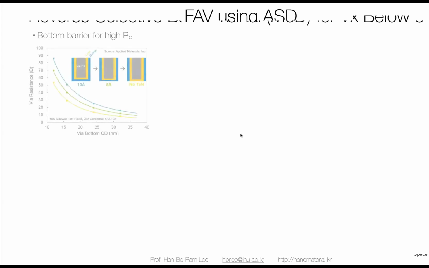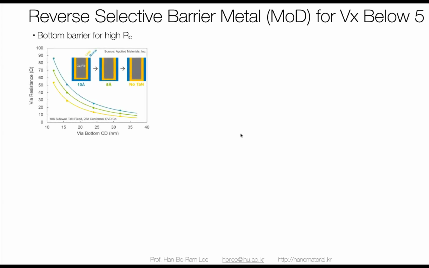So let's move on to reverse selective barrier metal, MOD, metal on dielectric. As you can see, by decreasing the size of the interconnect line in the logic devices, the resistance is increased because it is going to be very narrow, and the volume of the diffusion barrier and seed layer is already capped, so they cannot reduce it.